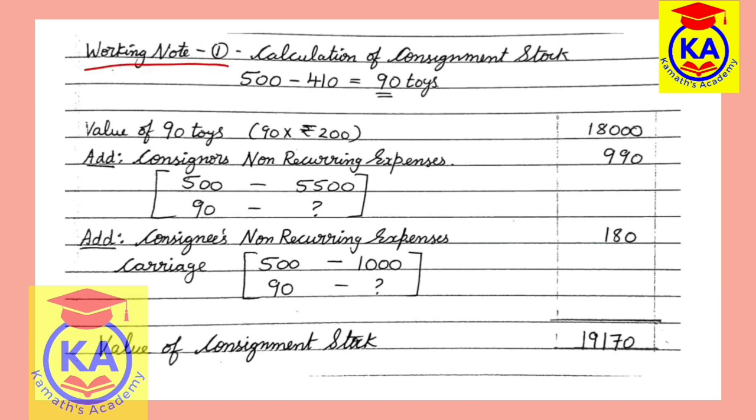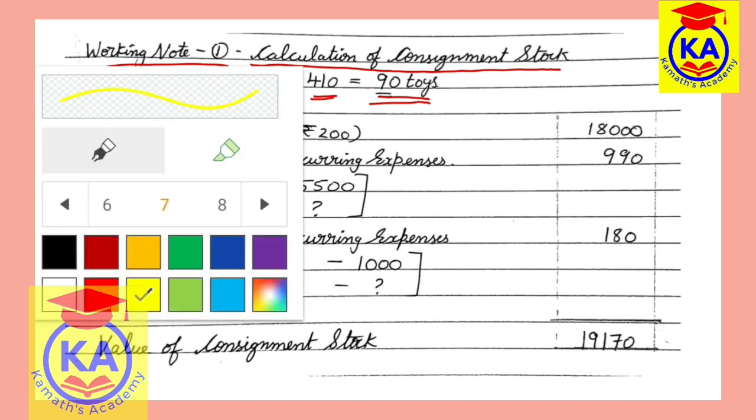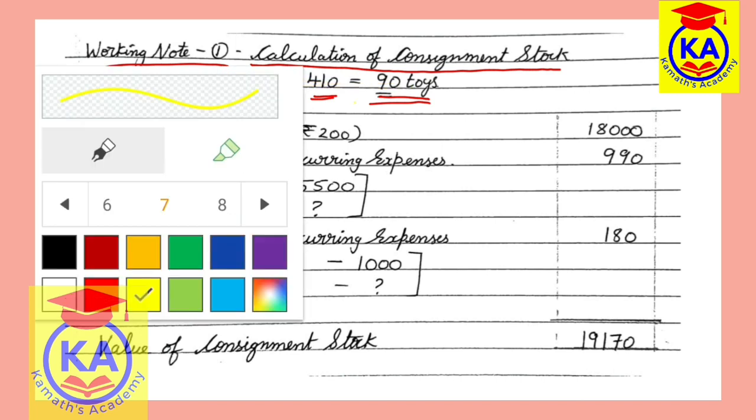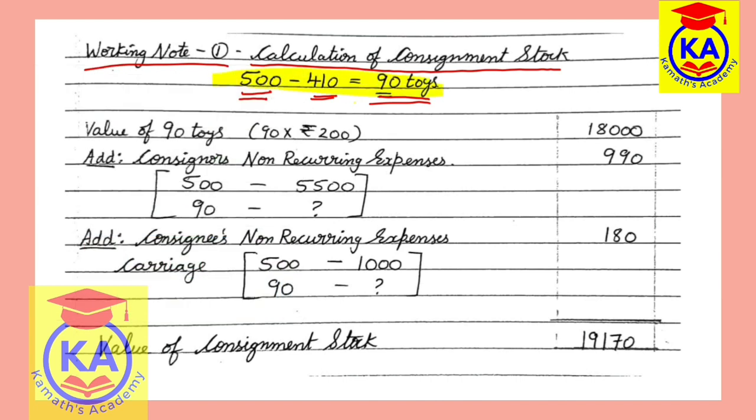See, working note number 1, calculation of consignment stock. So in 500 stock, you have sold 410 toys. So 90 toys are remaining in consignee's godown. So I have to write this also. This is very important. So 90 toys are remaining.